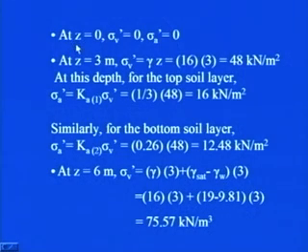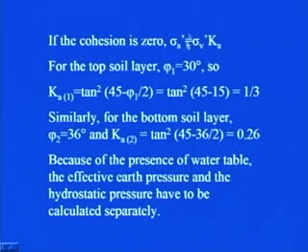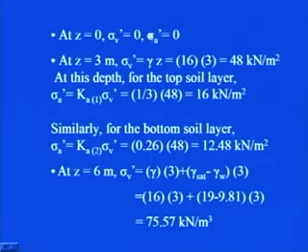So, you see how I am taking the next step. At z equal to 0, you know that sigma v is gamma into z. When z is equal to 0, sigma v prime will become 0. So, this will give you sigma a prime, which is equal to sigma v prime into Ka, equal to 0.